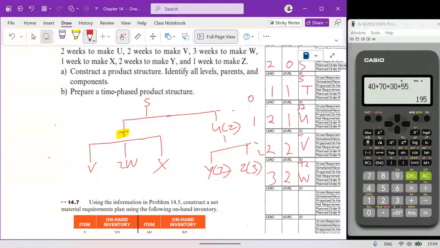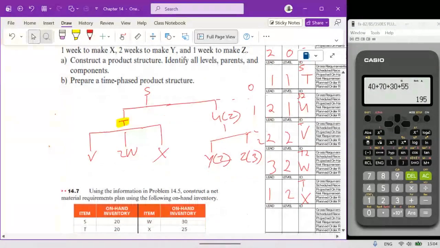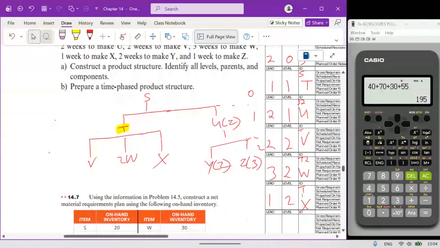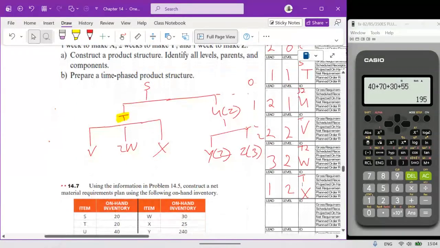Then it takes 1 week to produce X. Then X is 1, so then it comes from T. Okay. Then 2 weeks to produce Y. Then this is Y. It comes from what? U. And there are 2 of these.